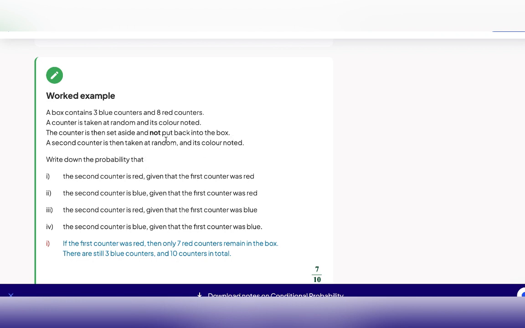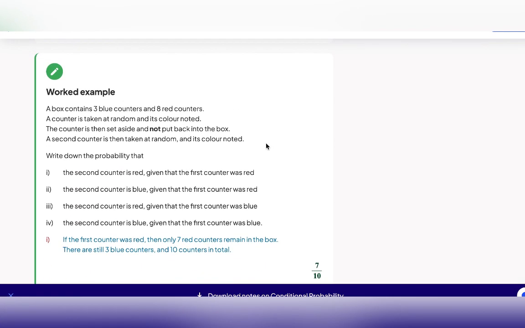A second counter is then taken at random and its color is also noted. So you take a second one from the box and the color is noted. Write down the probability that the second counter is red, given that the first counter was red.